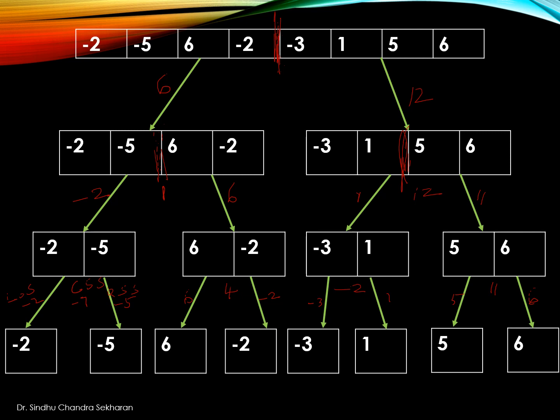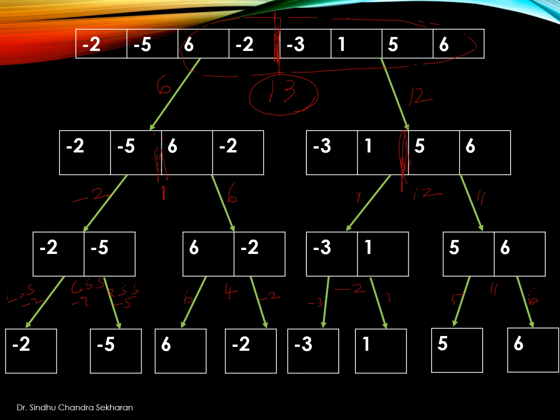If I take these numbers, it is only going to reduce the maximum subarray sum. So 1 plus 1, 2, 2 plus 11, 13. The part giving me the maximum value is the crossing subarray sum. So this crossing subarray sum is generated from this 6 to this 6. So this is the maximum subarray sum here.